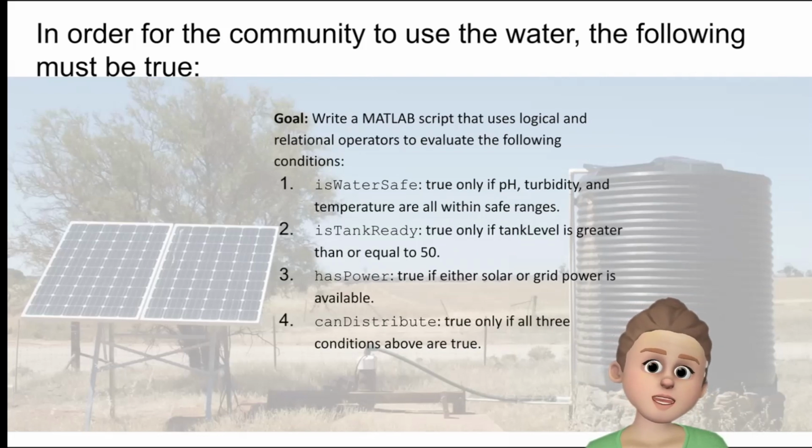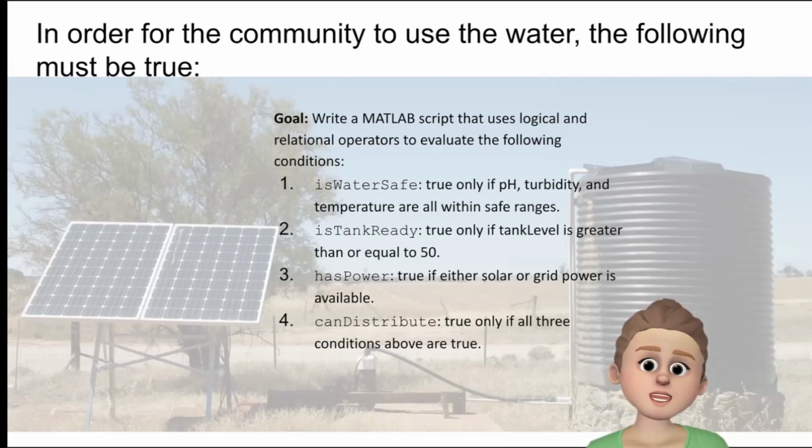So you're going to create the following 4 different variables, which will be logical variables. The first one is the water safe. This is going to be true if the pH, turbidity, and temperature are all within the safe ranges. Then you're going to have a second logical variable called is tank ready, and that will be true if the tank level is greater than or equal to 50%.